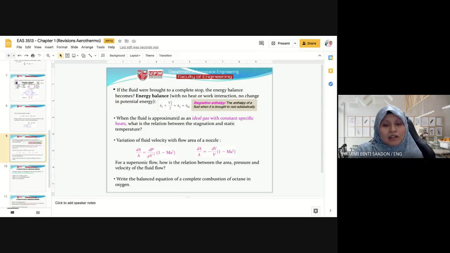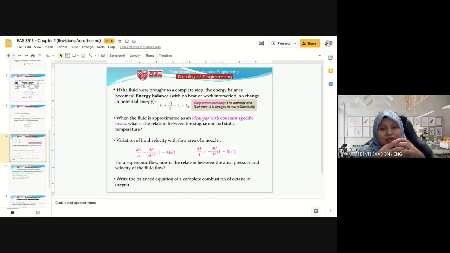And then if the fluid is brought to a complete stop, from state 1, where it is flowing, to the second state 2, it will stop, so we have velocity V2 equal to 0. So the kinetic energy becomes 0, that's why we are only left with enthalpy, the temperature and the pressure inside the fluid.